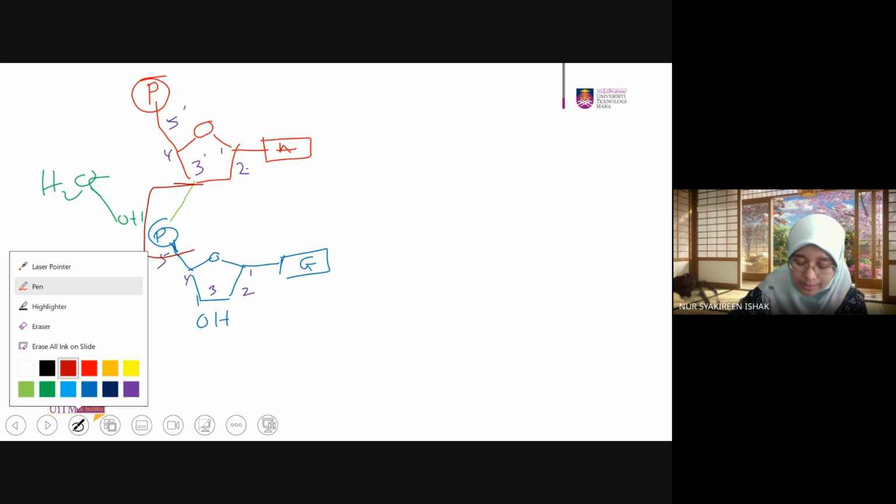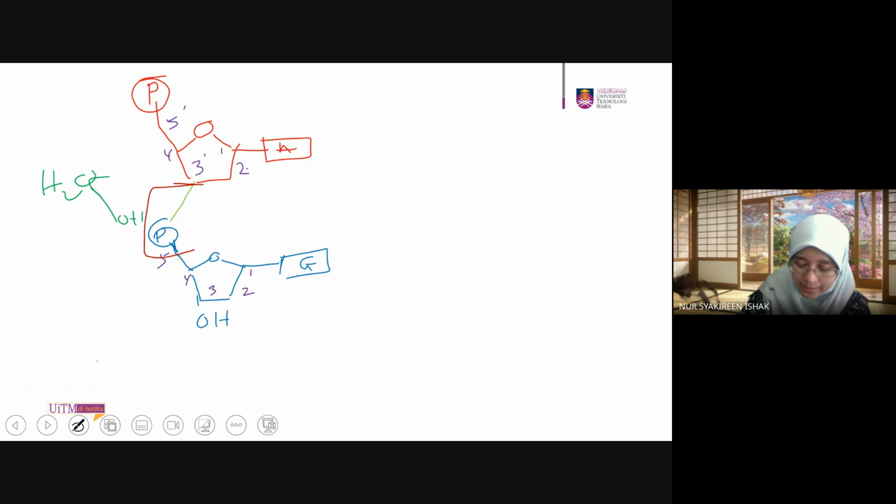If you go over a little, for example extending beyond carbon number 3 and beyond carbon number 5 here, your answer would be wrong. Let's say the question asks you to label the phosphodiester bond, you have to label within the range of carbon number 3 and before carbon number 5. That is the phosphodiester bond.